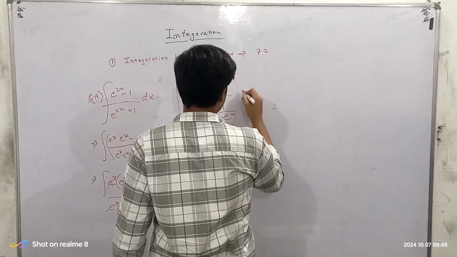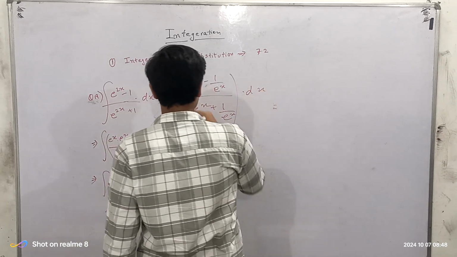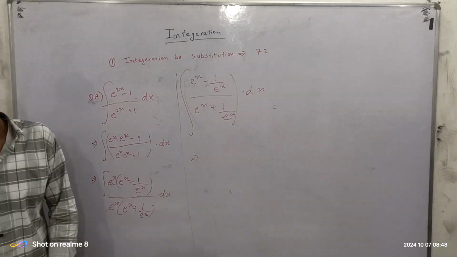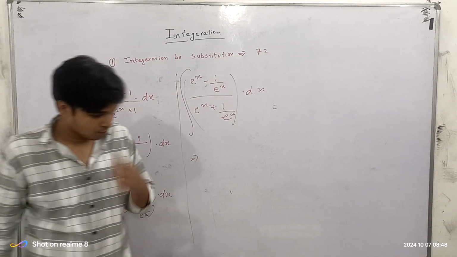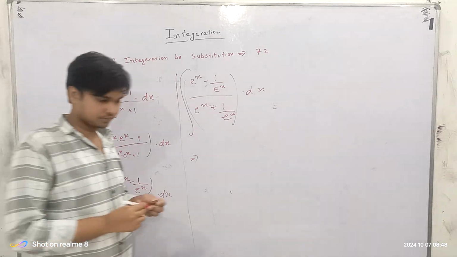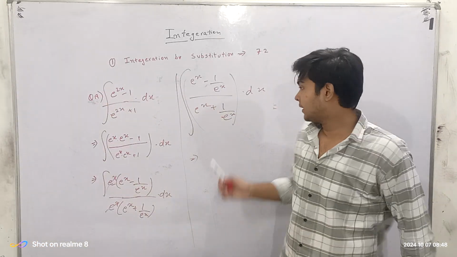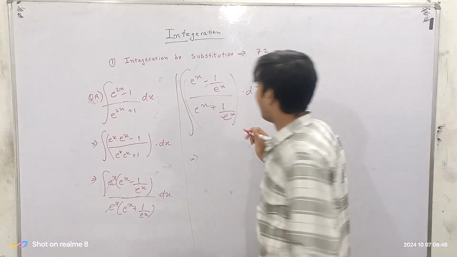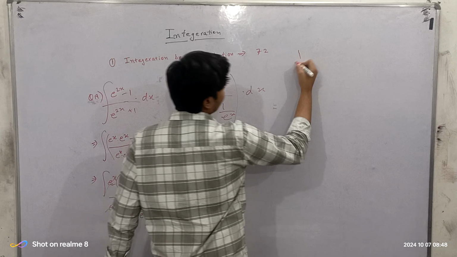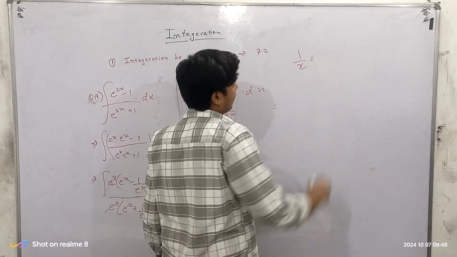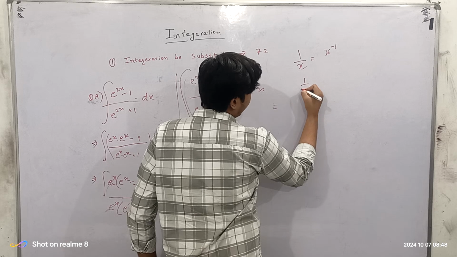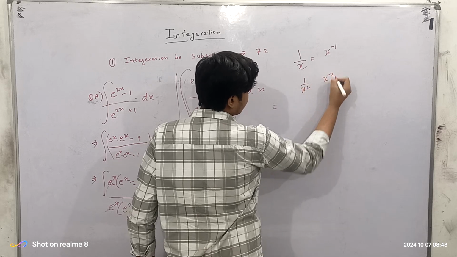Into dx, integration sign. Now we will write it like this. This is 1 by e to the power x. What can we write it as? x inverse, 1 by x square, x inverse 2.